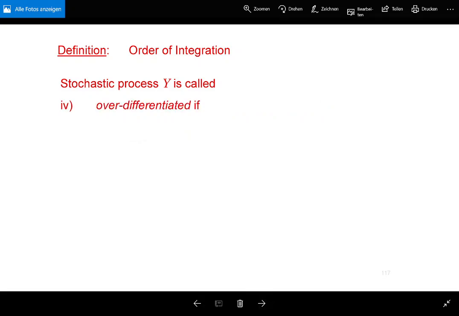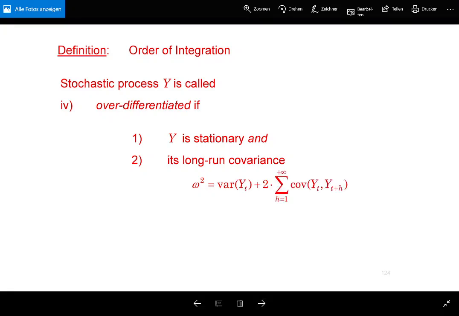Now, you have a process which is over-differentiated if the process is stationary, and that's number one, and it has a zero long-run covariance. Keep in mind that the long-run covariance of an integrated process is positive but finite, whereas the long-run covariance of an over-differentiated process is going to be zero, and that is also true in the other direction.